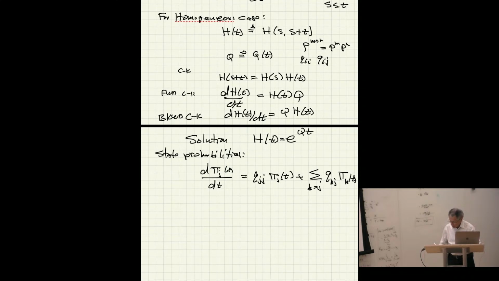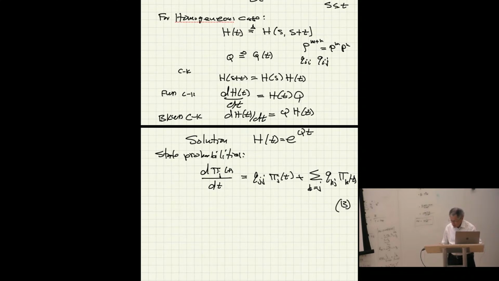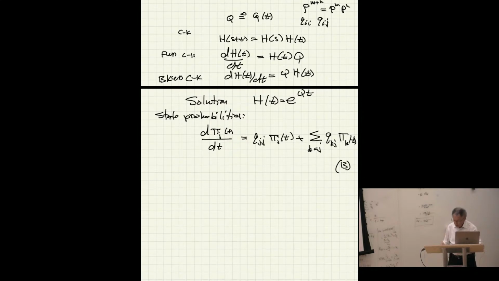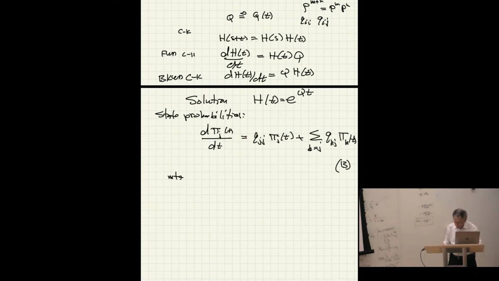I'm going to call this equation 13. And in matrix form, it's simply that the derivative of pi of t is equal to pi of t itself times the infinitesimal generator Q.